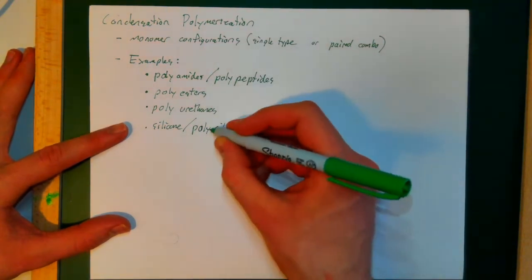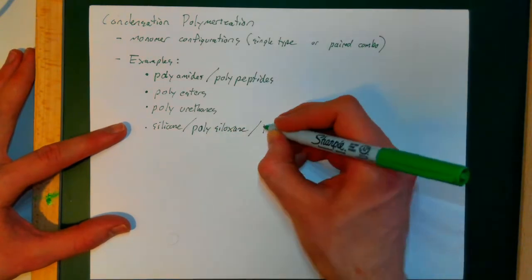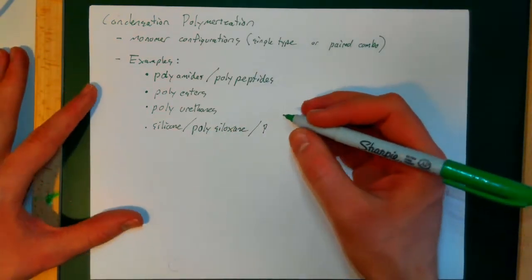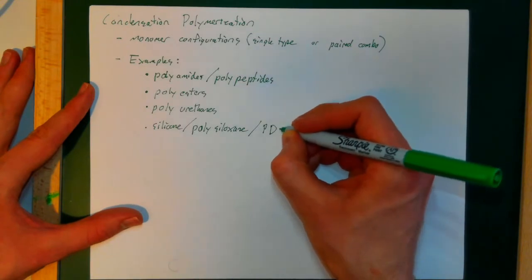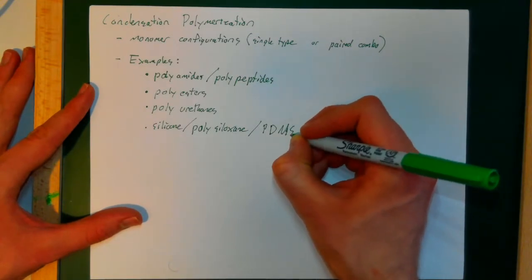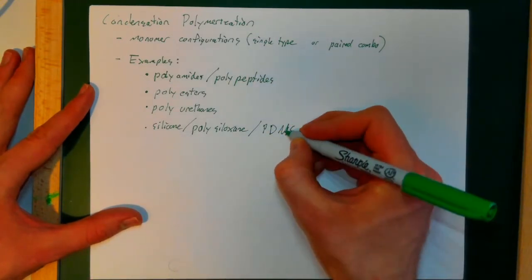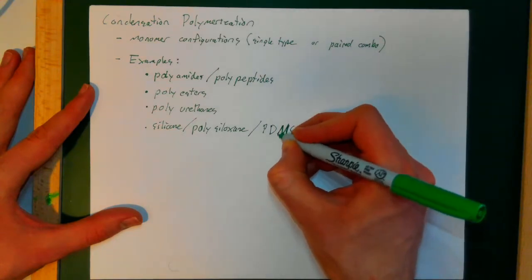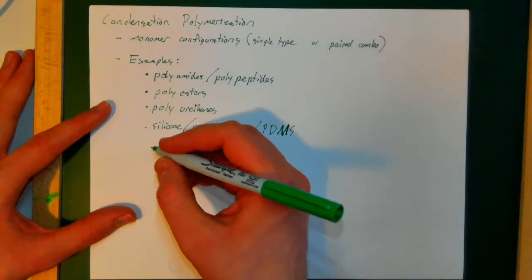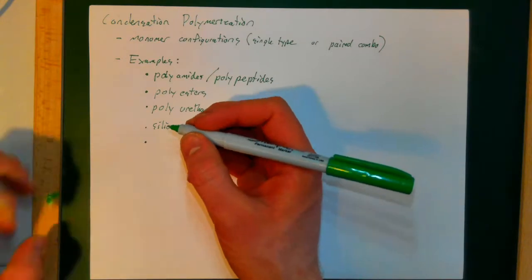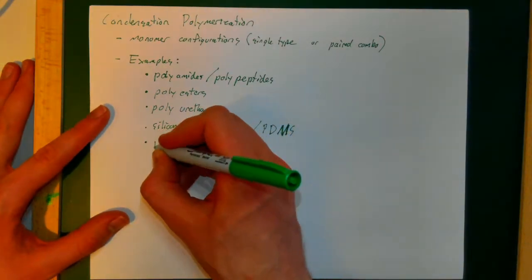And a specific example of a polysiloxane that you might encounter, particularly in microfluidics or other applications, is PDMS, polydimethylsiloxane. And then one final polymer that we'll talk about are polycarbonates.